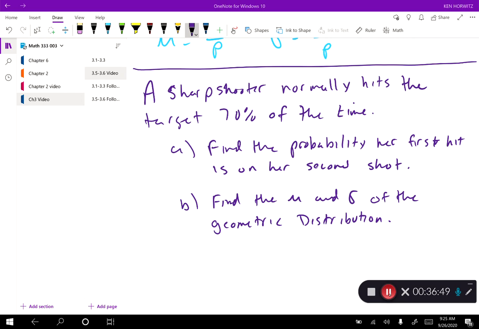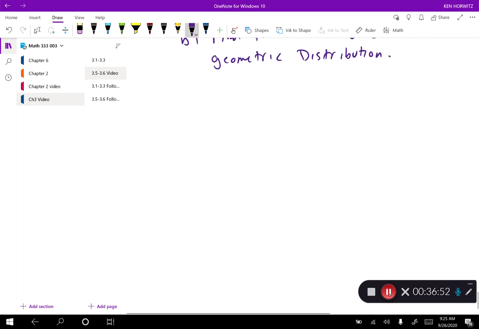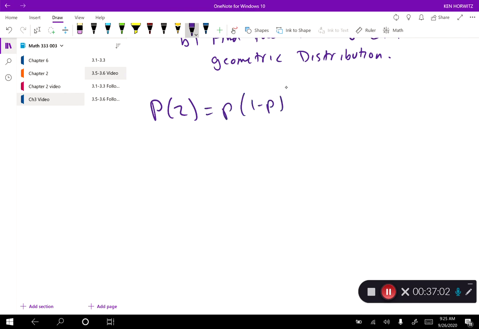All right, so we need the probability of 2 equals P times 1 minus P to the n minus 1, which equals 0.7, our probability of success, our P, times 0.3, which is 1 minus P, to the first power, which is 2 minus 1, and I got 0.21 for that.